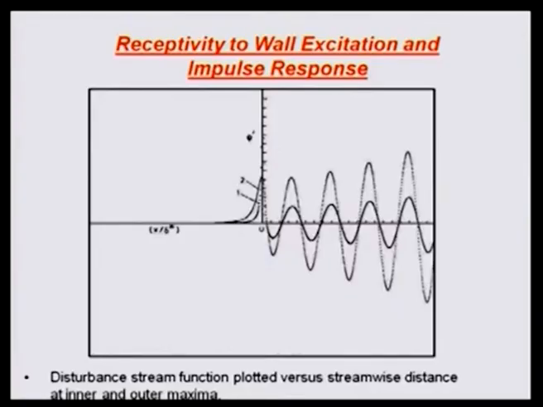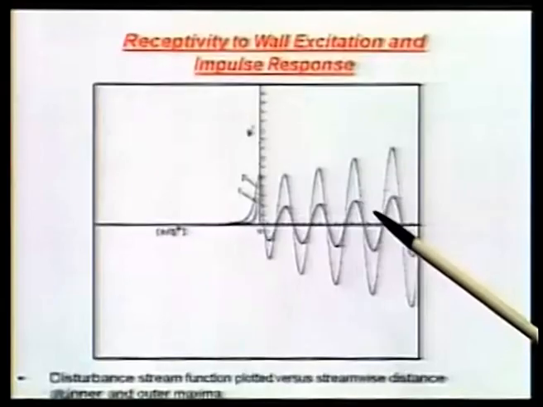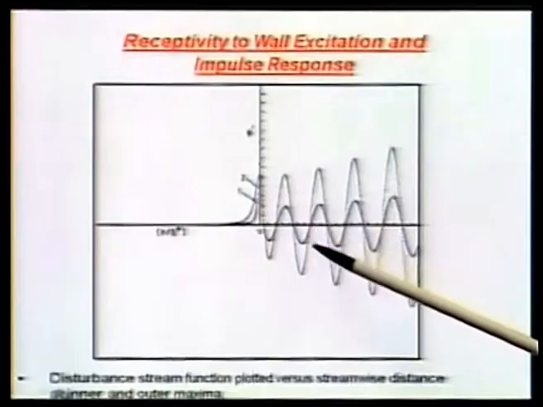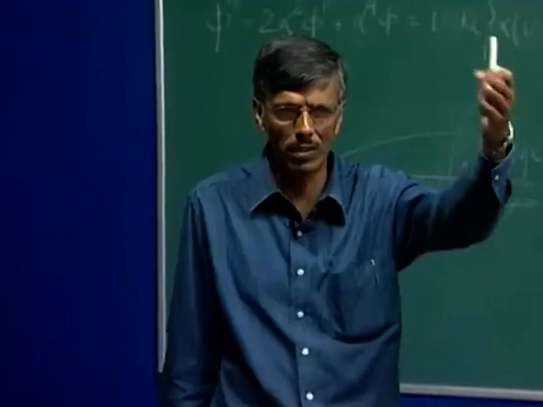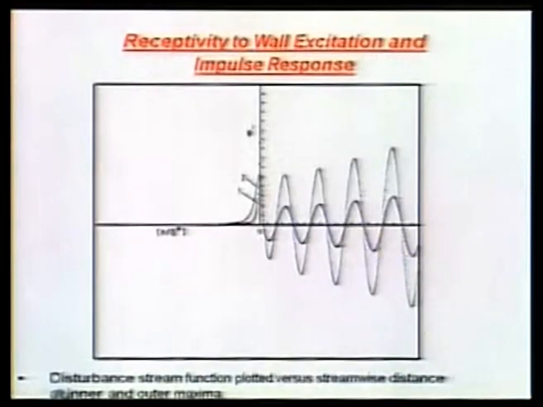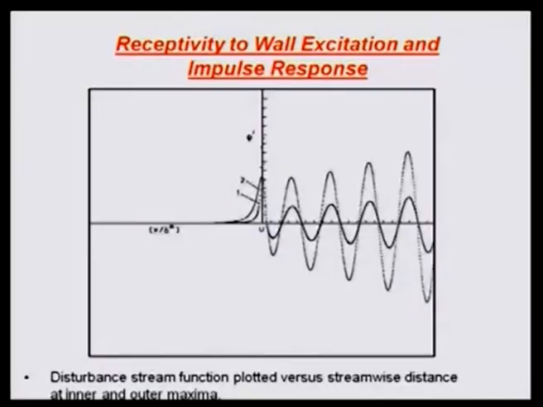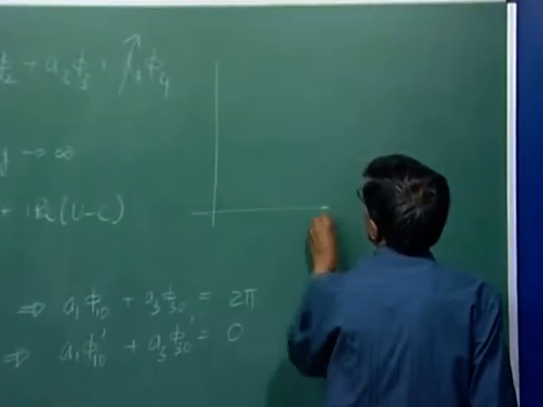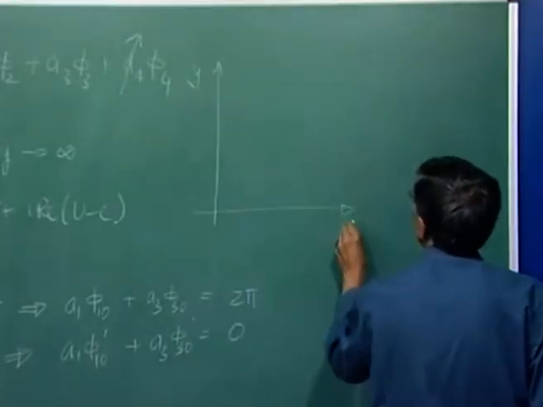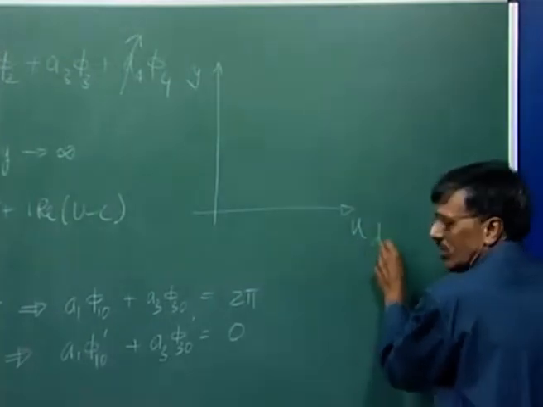We also get a qualitative picture from stability theory, that we see the disturbances plotted at two heights. The solid line is the outer part of the shear layer, and the larger amplitude is the one that is closer to the wall. So, that is called the inner maximum. Okay. So, you will see that if I plot the disturbance velocity versus y, the disturbance velocity looks like this.